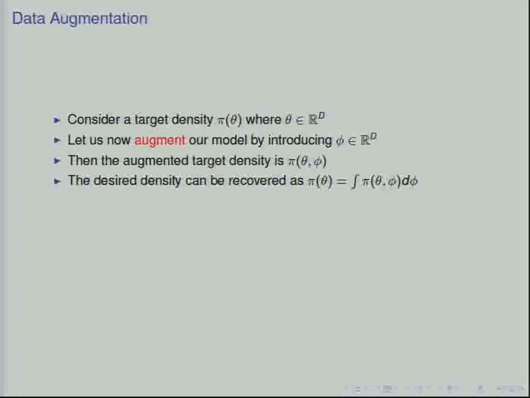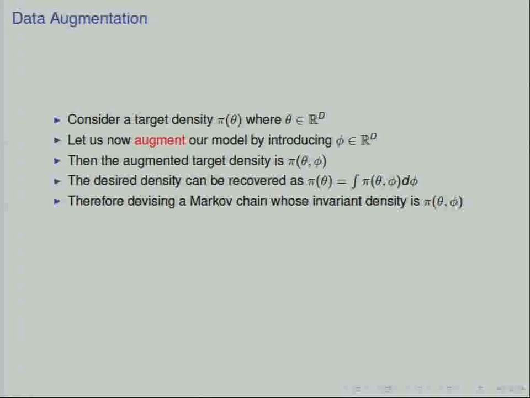And because of that, and because of the fact that the desired density that we're interested in, pi of theta, can be obtained by just marginalizing the joint density with respect to the auxiliary variable.